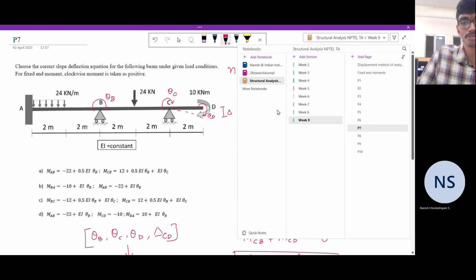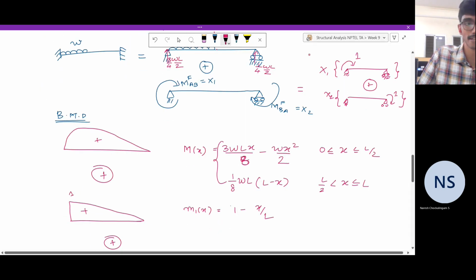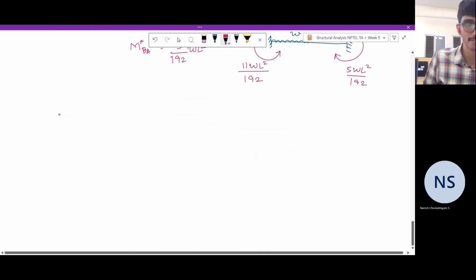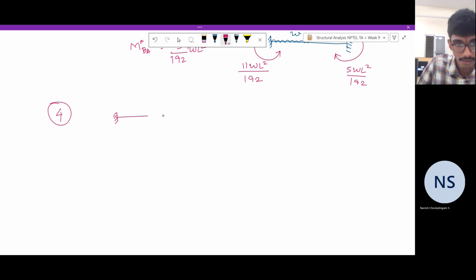And now we have a point load. So we need to determine the fixed end moments corresponding to a point load as well. That is much simpler than this because of the symmetry that is involved. This is number 4. You have a point load applied onto a fixed beam. Let the point load be of magnitude P. So the beam is symmetric, which means the fixed end moments will be equal and opposite.